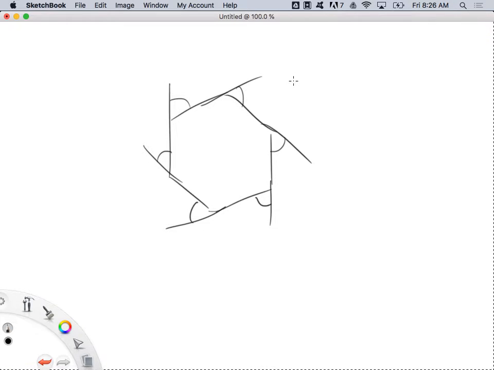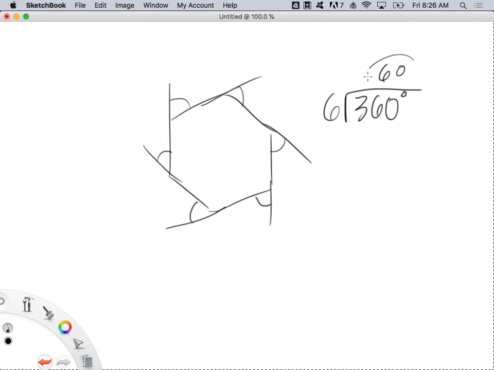How do you know that? Well, the best way you can remember it is it's going all the way around on the outside, so they add up to 360, right? So if they add up to 360, how much is each of them? We divide it by 6, and you get 60. Does that make sense to you guys? So each one of these would be 60 degrees.